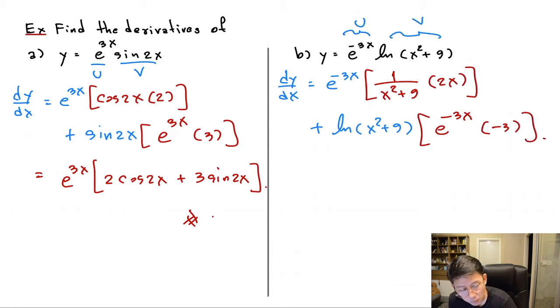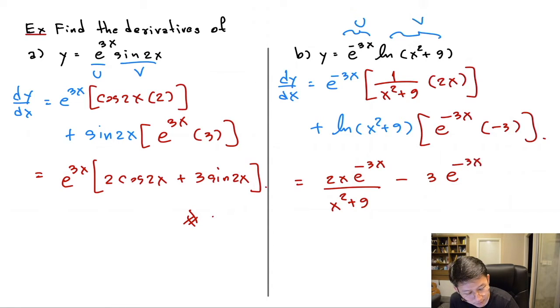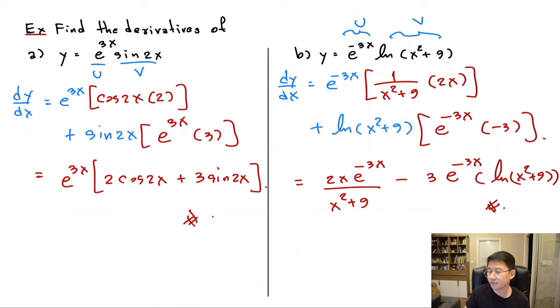So here, what we have is 2x e to the minus 3x divided by x squared plus 9, minus 3e to the minus 3x times log of x squared plus 9. And that's the answer.